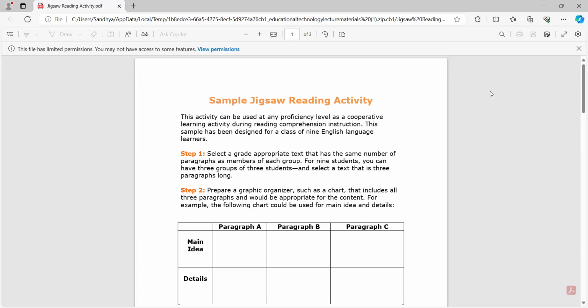Is it only reading? No, jigsaw is not only for reading. It can be for listening, it can be for speaking, right? It can be for writing also. Now, suppose it's a language class. You're a language teacher and you want your students to write an essay on the environment.